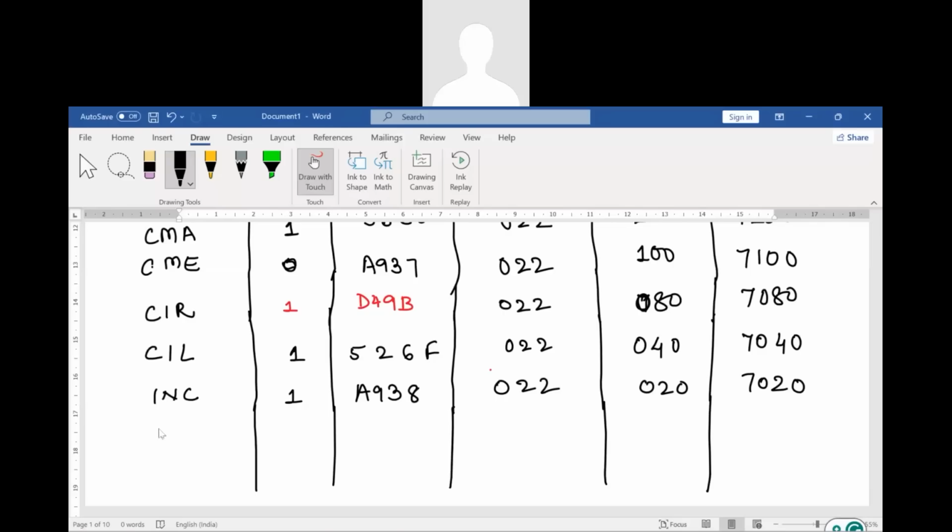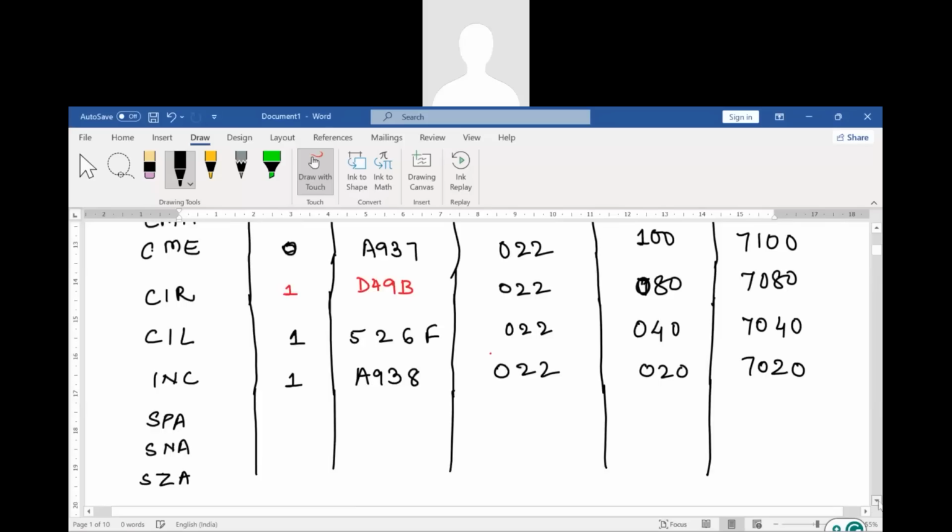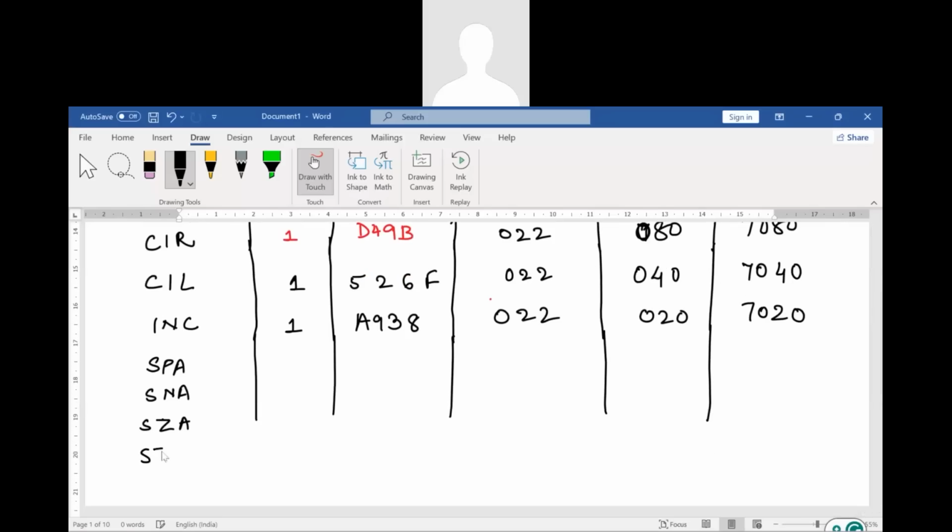Okay, now quickly the four types of skip. Skip if accumulator positive, skip if accumulator negative, skip if accumulator 0. Sorry, I made a mistake in writing this. Skip if accumulator positive, skip if accumulator negative, skip if accumulator 0, and skip if E is 0. And the last instruction is halt.